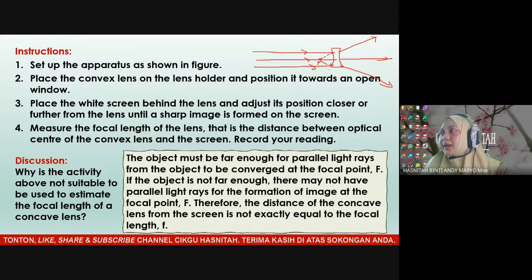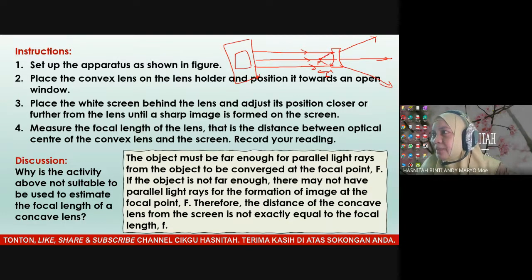This is the focal length. And let's say this is your window, the light coming from your window enters parallel to the concave lens.